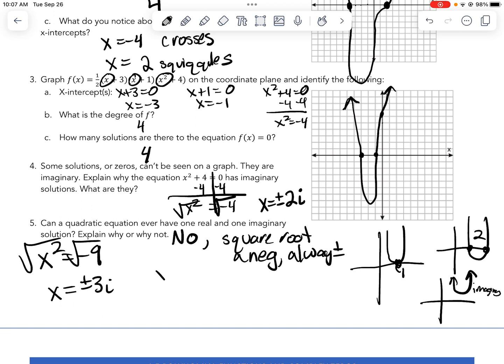If my factor was x squared plus 25 equals 0, I'd subtract the 25. X squared equals -25. I square root it. We have plus or minus 5i. So those imaginaries always come in pairs.